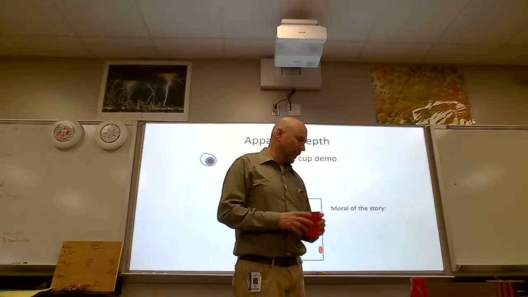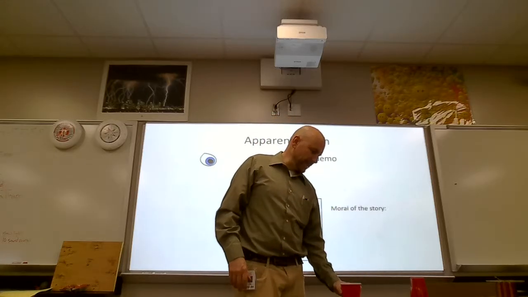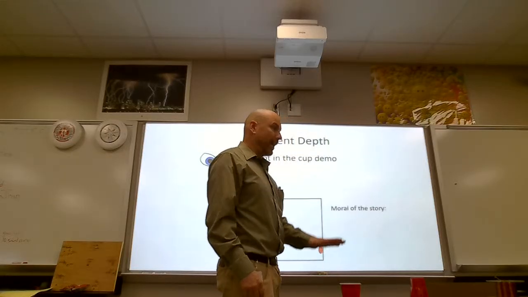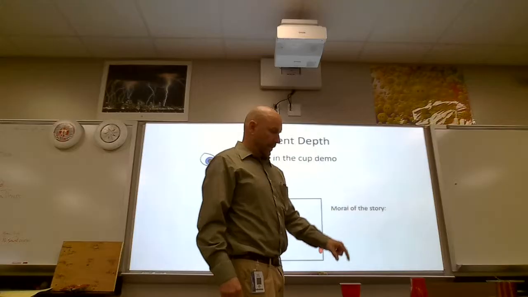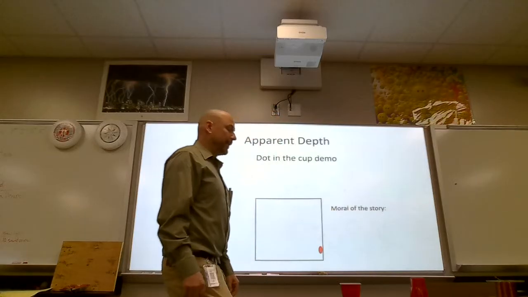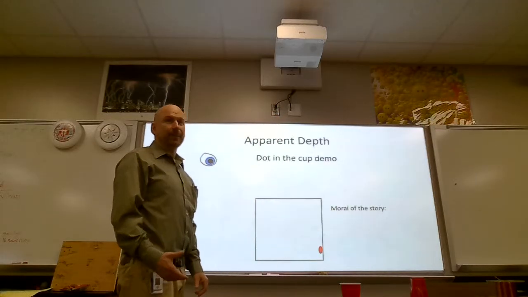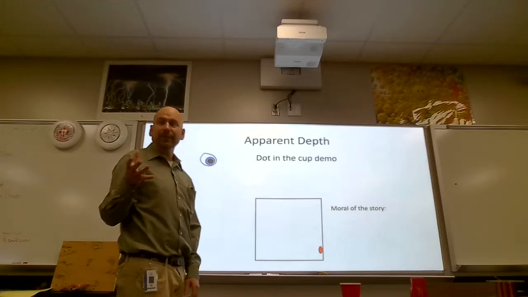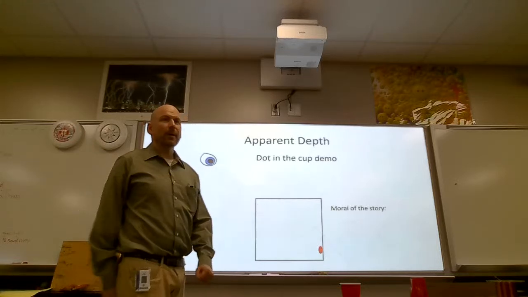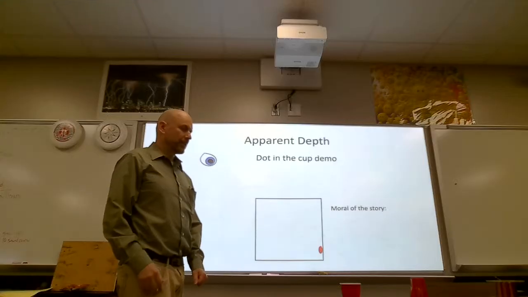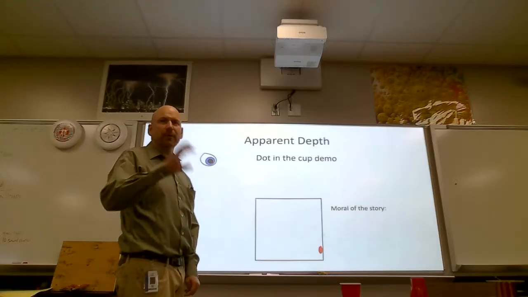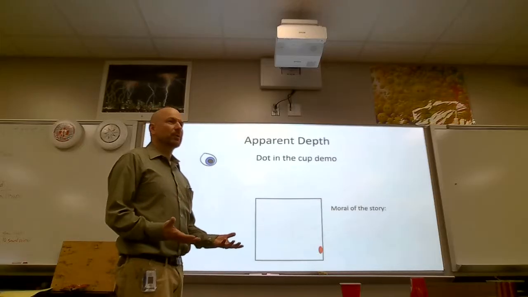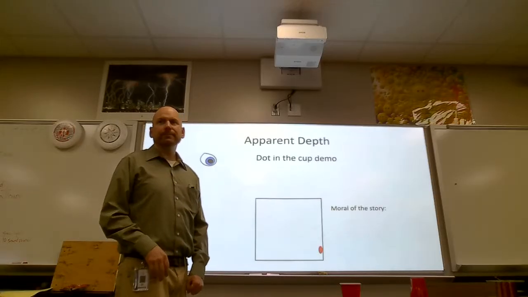While one person's filling it up, the other person is taking their cup, placing it on a lab table, the dot on the far side of the cup, and then backing up until that dot disappears below the rim of the cup, and just stay there and watch. The other person pours their water into the other person's cup. It does not have to be slow, but don't go so fast that it knocks the cup over. Once you've observed, trade roles. Okay? Go.